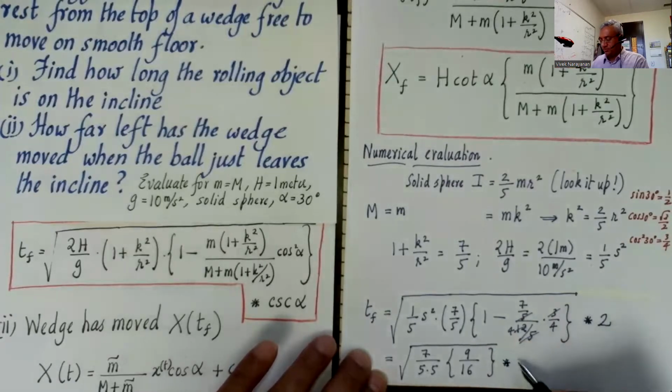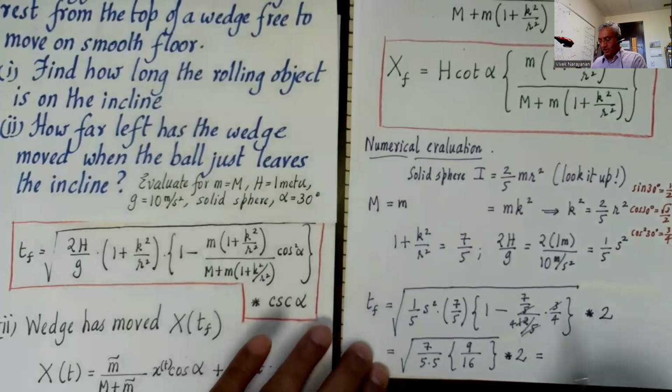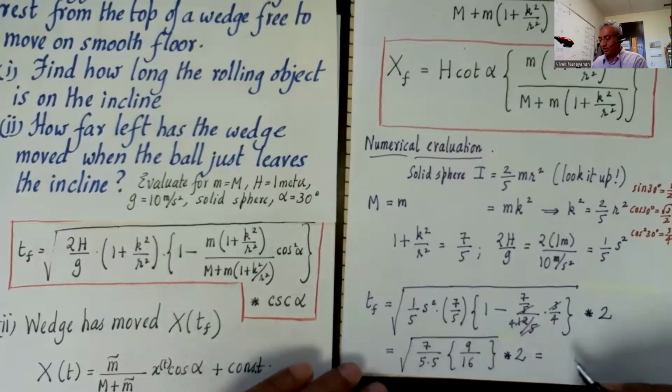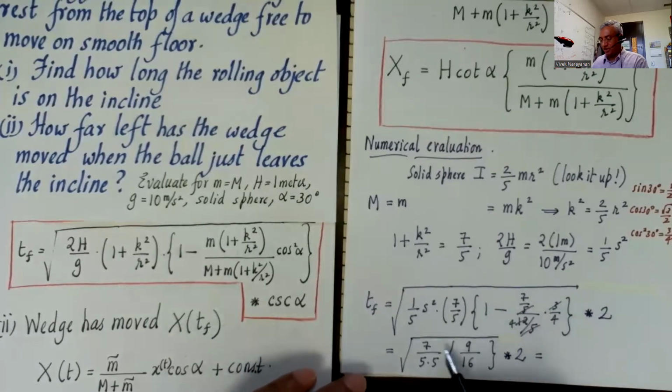Times 2. So it's a good thing. It doesn't really matter because 5 times 5 will come out of the square root, 9 will come out of the square root, and 16 will come out of the square root. So I'm going to get 3 over 4 times 5, which is 20. When I take it out of the square root, I'm going to get 3 over 20.